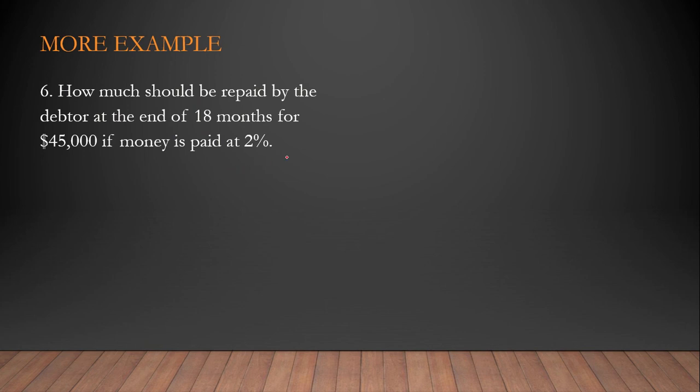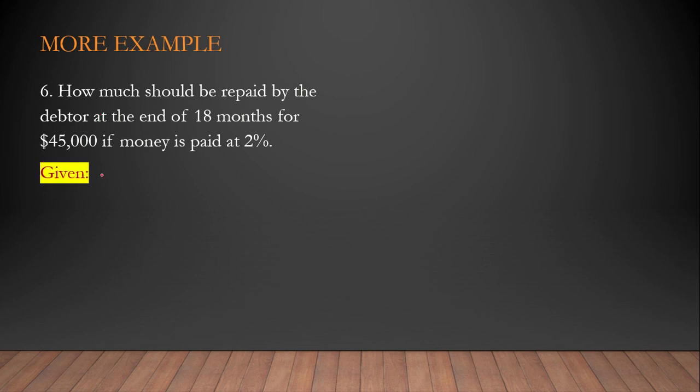Okay? So, ang pinapahanap dito is the final amount. So, ilan daw yung ibabayad ng mangutang after 18 months kapag nangutang siya ng $45,000 na merong 2% interest rate. Okay? So, final amount po yung pinapahanap dito.